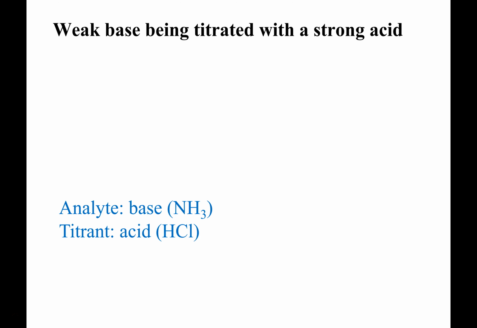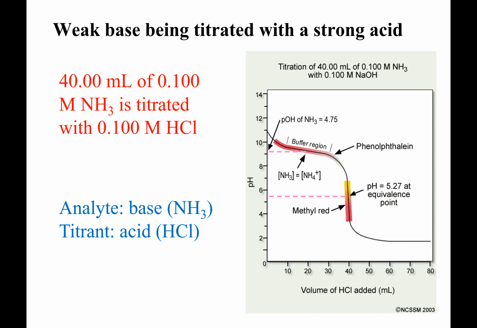Weak base titrated with a strong acid. You should see kind of a wimpy sort of slopey sort of thing. In this case, the weak base that was chosen actually was NH3, and it's titrated with HCl. What you guys are doing with your data is looking for that snap, the inflection point. You're showing it here at an equivalence volume of about 40 milliliters.